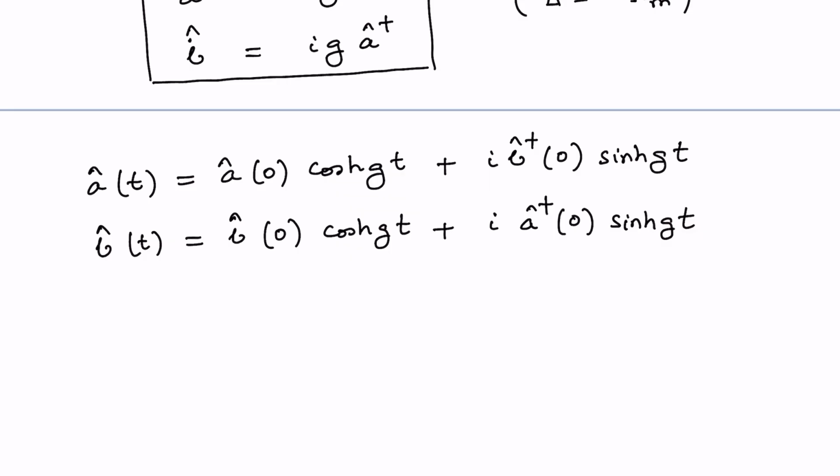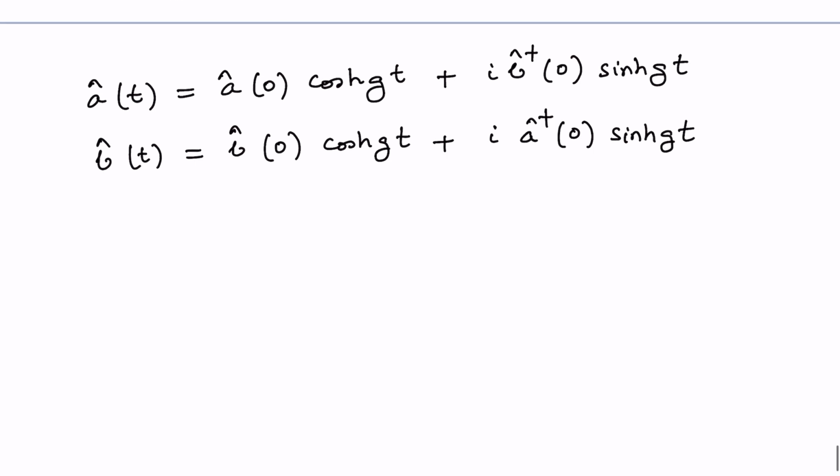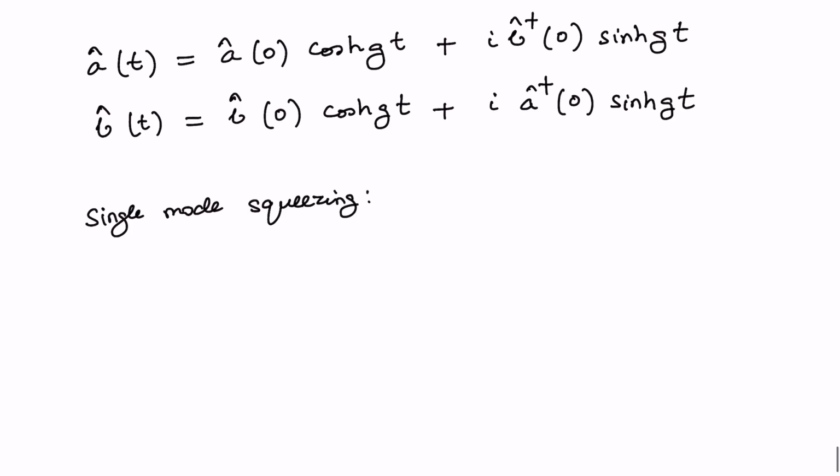These solutions should remind you about our discussion on single mode squeezing. You may recall that in the context of single mode squeezing, which we have discussed in the context of the harmonic oscillator earlier, we get this expression when the optical mode is squeezed along the x direction.